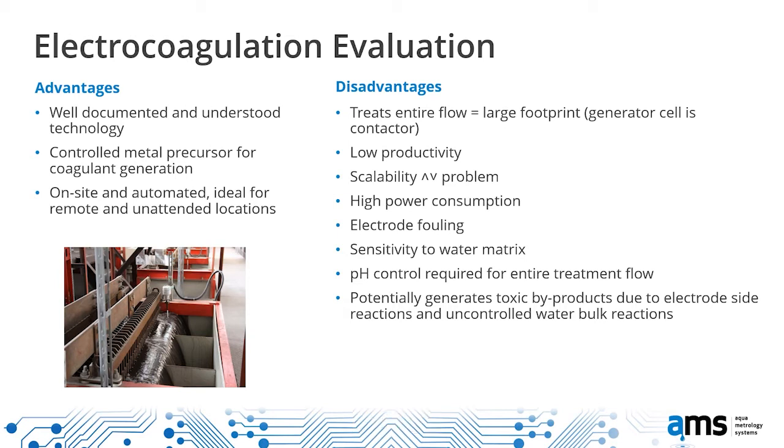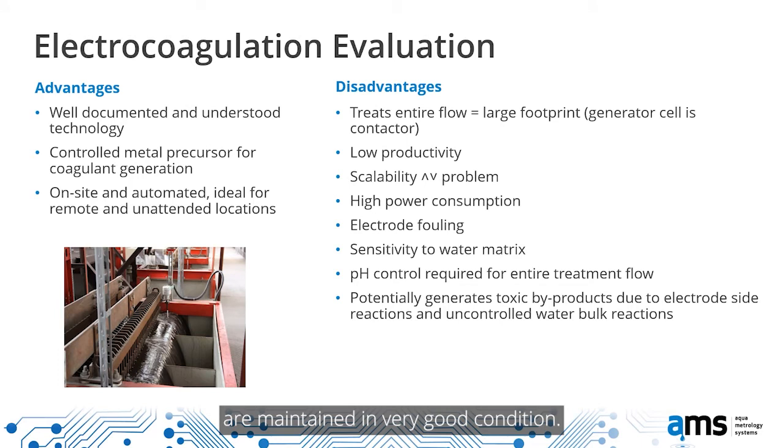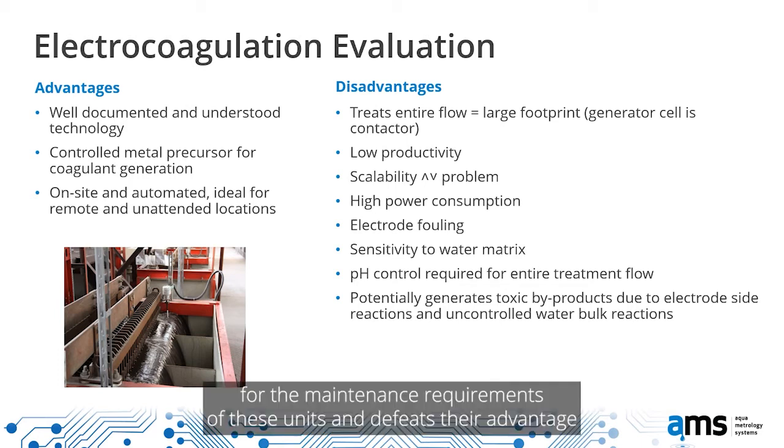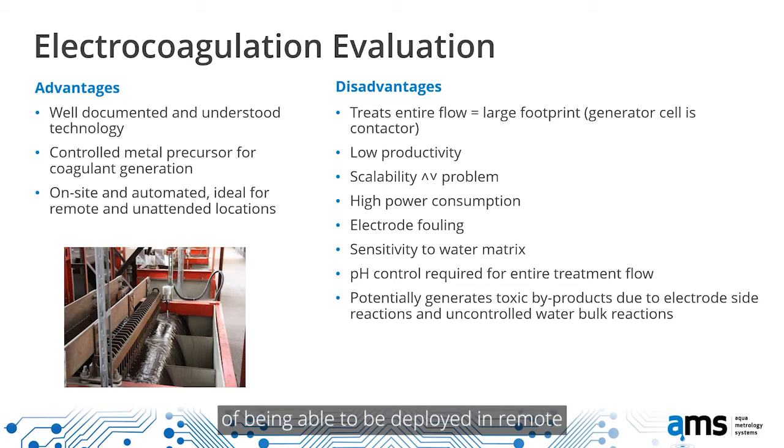Moreover, the very fouling of the electrodes will give rise to toxic byproducts unless those plates are maintained in very good condition, and this therefore has significant implications for the maintenance requirements of these units and defeats their advantage of being able to be deployed in remote unattended locations.